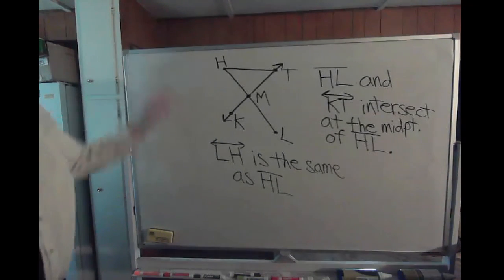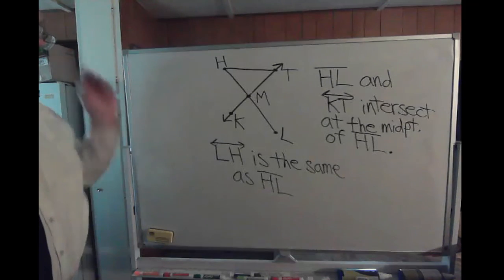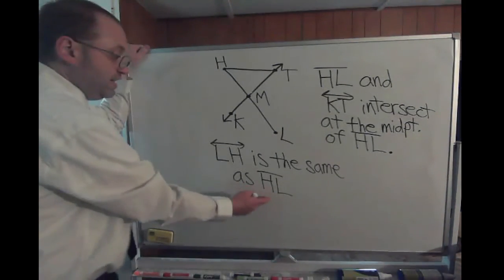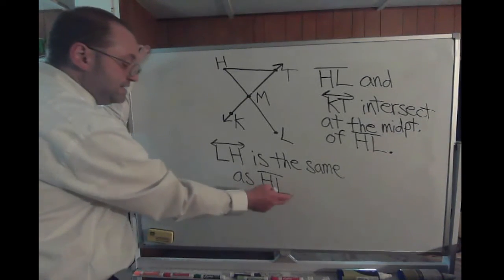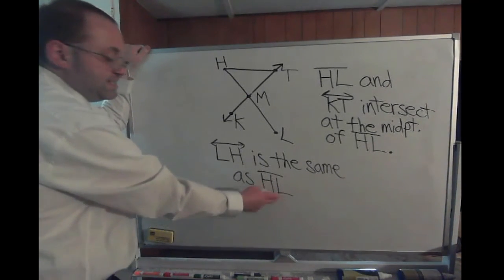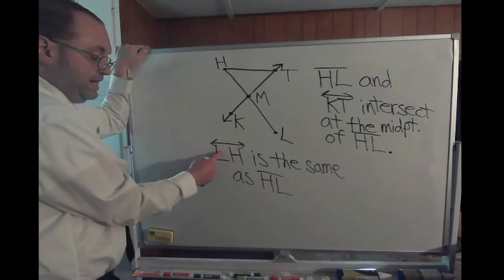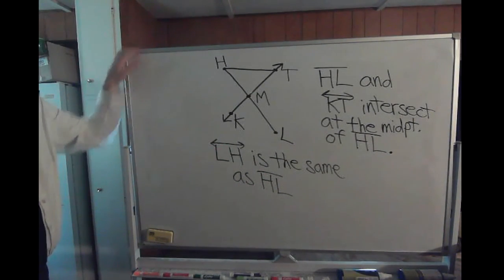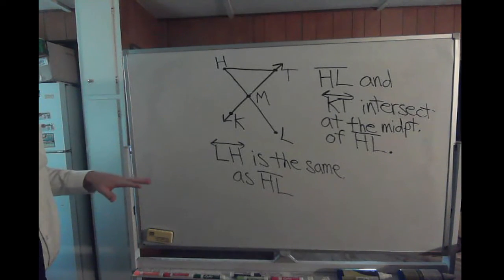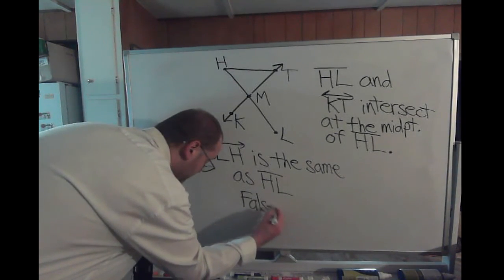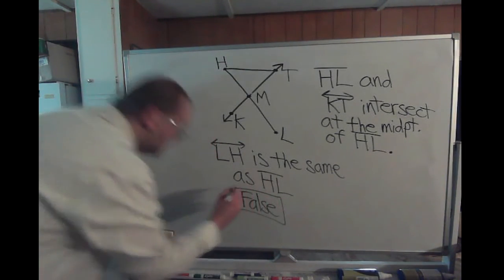Well, we don't even really need to look at the diagram. We could tell right away this is a false statement, because segment HL literally means it starts at H and ends at L, or vice versa. That's the entire line segment. The line LH covers not only those two points, but every point beyond those points. So clearly this is a false statement.